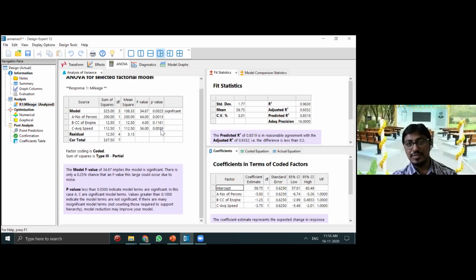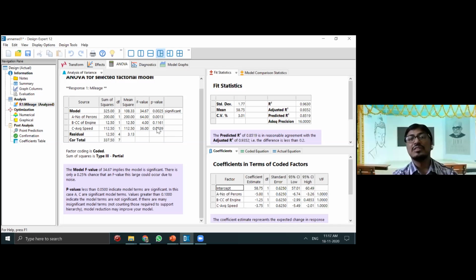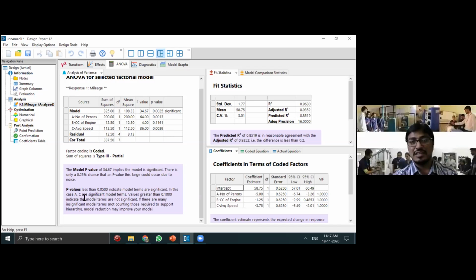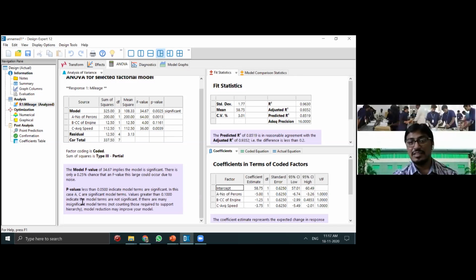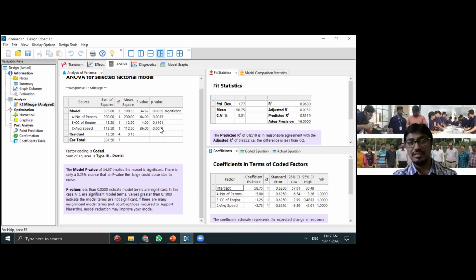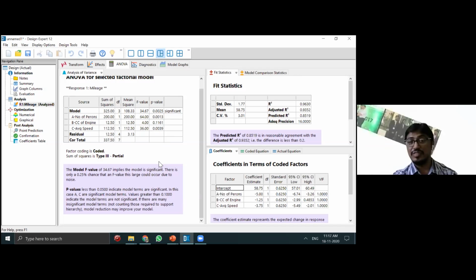Then average speed is 0.0039, so this is also a significant term. In this case, A and C are significant model terms. Values greater than 0.1 indicate the model terms are not significant. That is, engine capacity is not significant here.